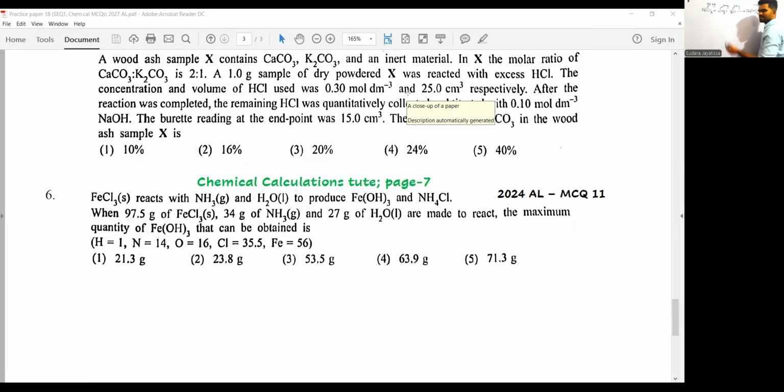So we can convert these gram values into number of moles because we know the relative atomic masses. See, 56 is for Fe, it is given. What the question is asking is the maximum quantity we will get of iron hydroxide, Fe(OH)3.